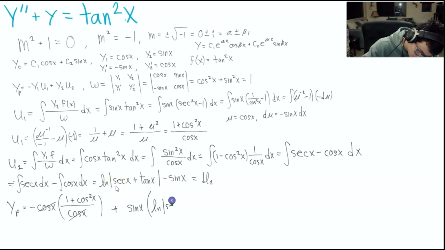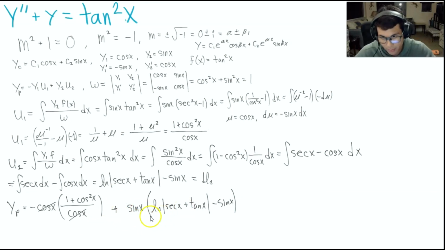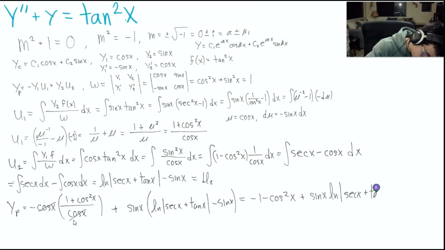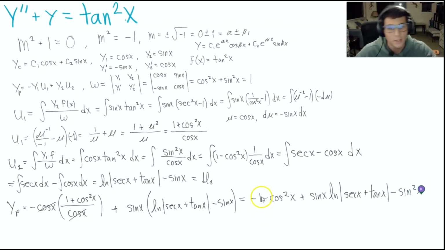ln secant x plus tangent x minus sine x. Okay, I'm not going to bother to factor this in, because I'll do it anyway, I'll just do it for you guys. I'm going to distribute the negative. Negative 1 minus cosine squared x plus sine x ln secant x plus tan x minus sine squared x. Okay.